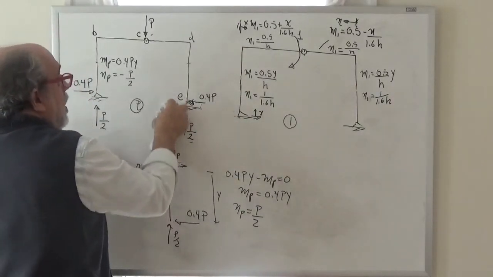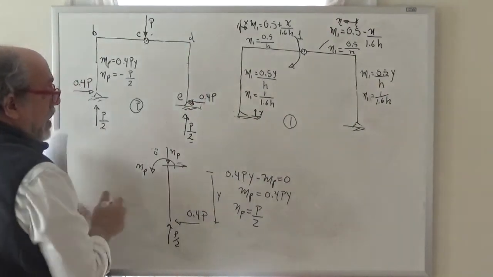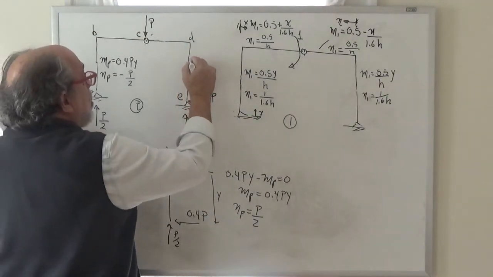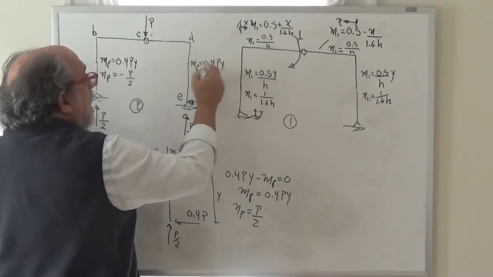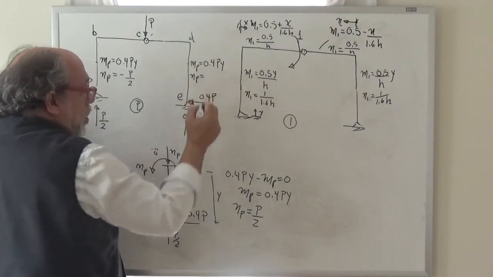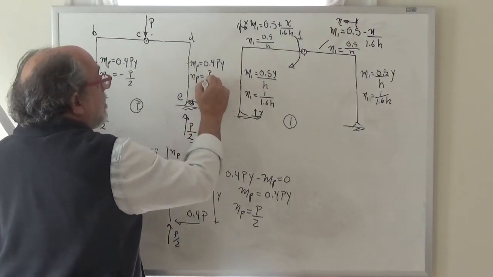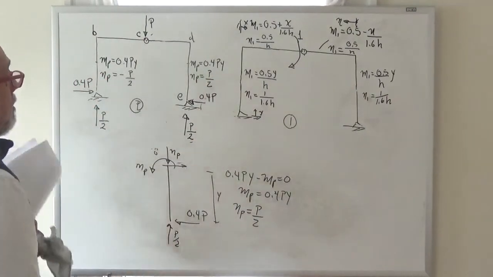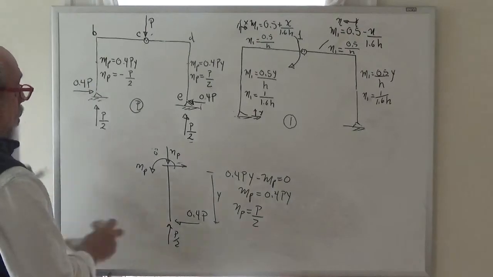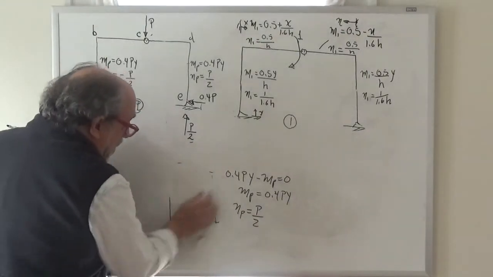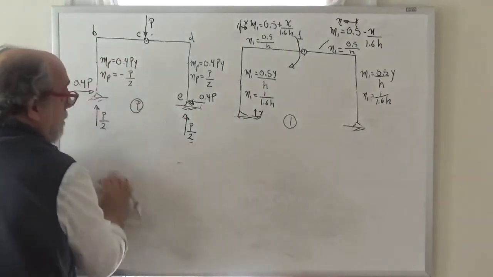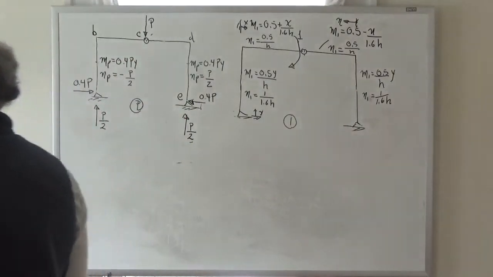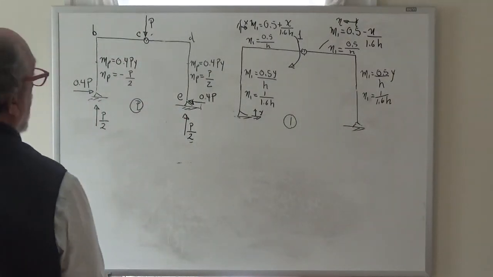We erase the bubble, transcribe the information to the structure, and so MP here is 0.4 PY, and NP is equal to P over 2. So we are done with the vertical bars, and we now move to the horizontal ones.